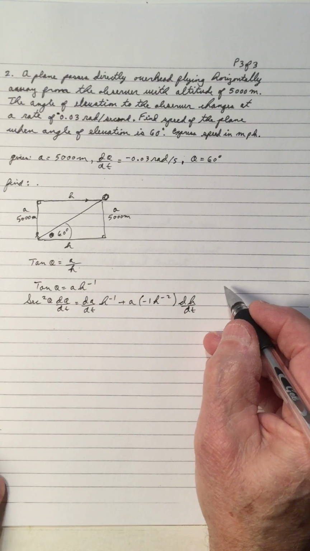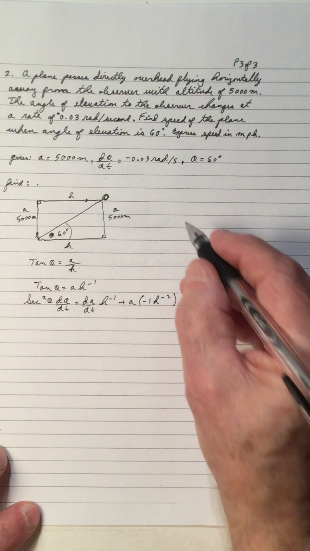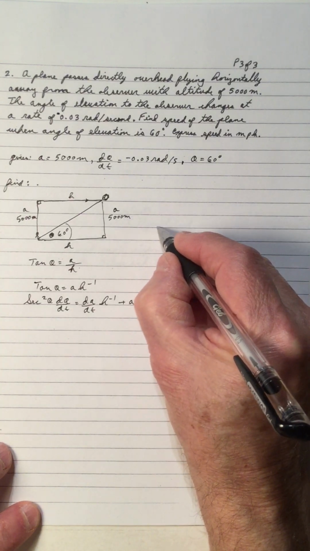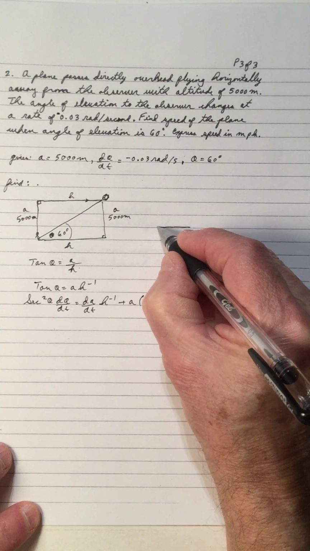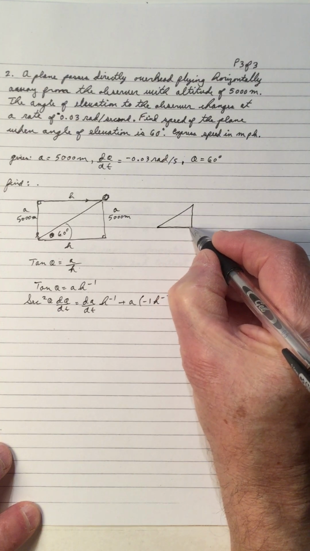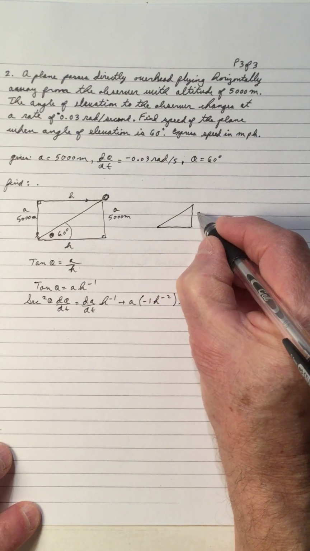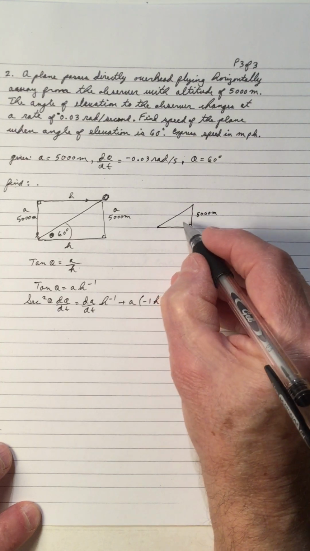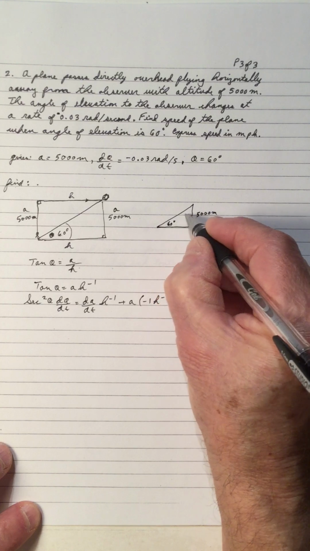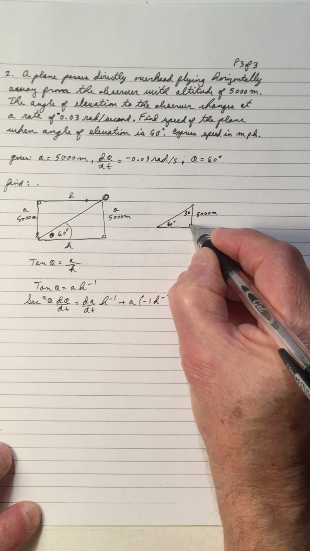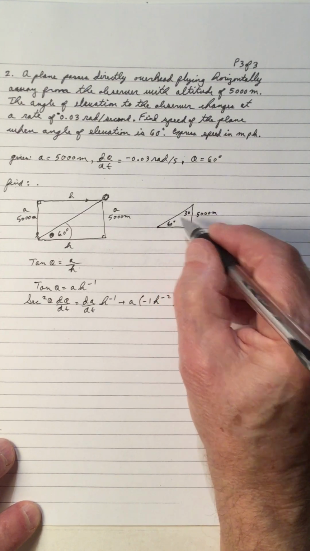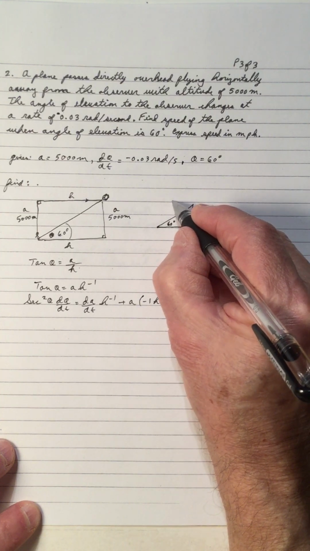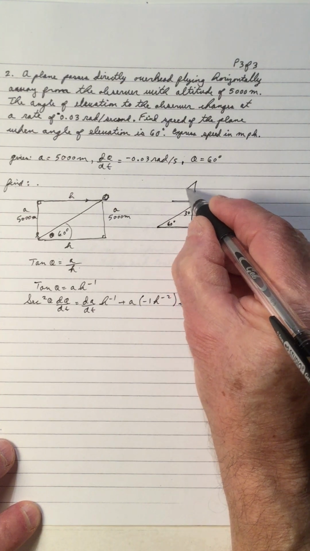So let's see if we can fill in this information. So what we have, I'm going to draw it separately here now. We have 5,000 meters. We have a 60 degree angle, so that means this angle is 30. So this triangle is a 30, 60, 90.